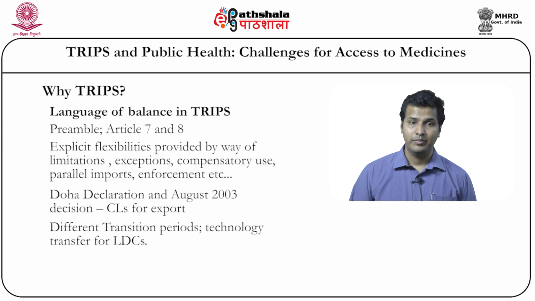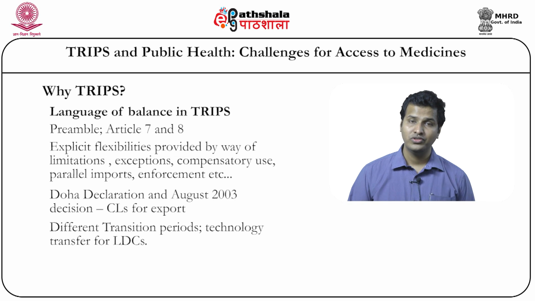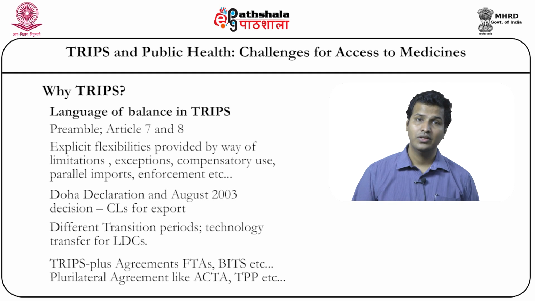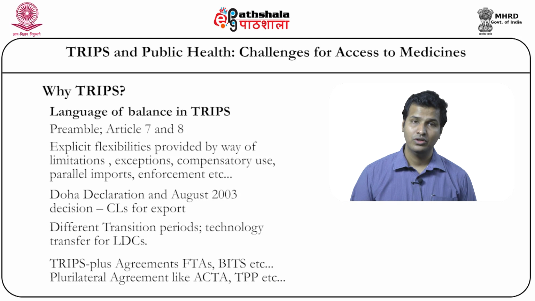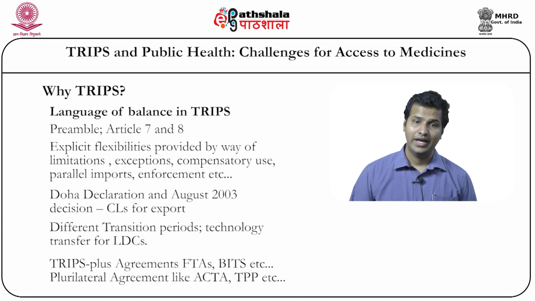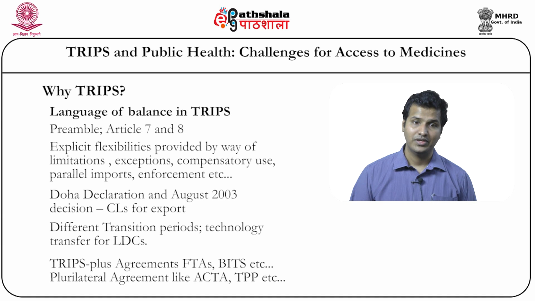Finally, the TRIPS agreement is not the all and end all of international intellectual property. Post TRIPS, there have been many attempts to ratchet up the international norm setting and standards relating to intellectual property protection through agreements like ACTA, the Anti-Counterfeiting Trade Agreement, and certain other plurilateral agreements like the TPP, Trans-Pacific Partnership Agreement, and also investment treaties or bilateral investment treaties.